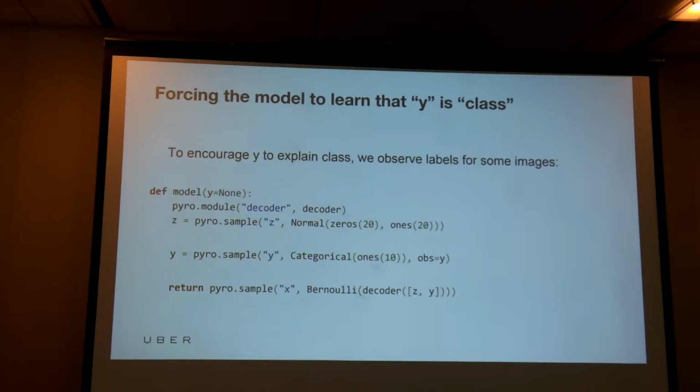So this means that, in principle, if we could compute the marginal likelihood exactly, this log evidence exactly, then this should provide strong pressure on the decoder to use y as the feature that explains this between class variability.